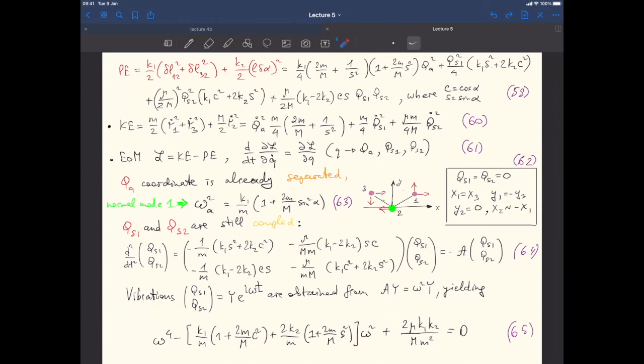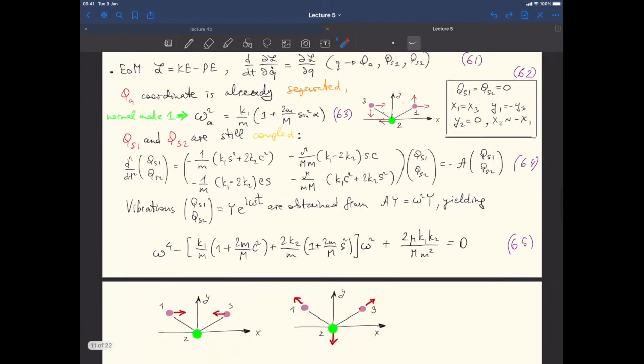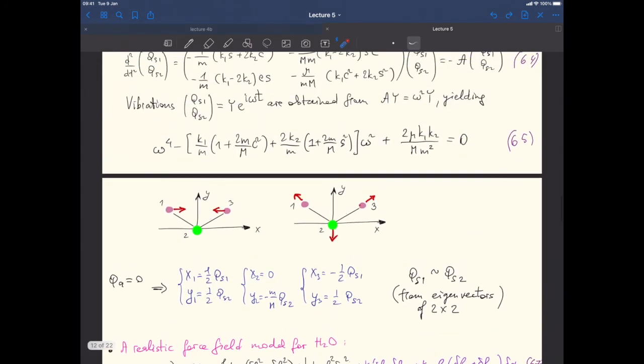Frequencies are positive, so we'll have two values for the omega square, two frequencies, as we expect in this case, because we consider two mixed up coordinates QS1 and QS2, which should give rise to two separate normal modes. And we will get from this equation the frequencies of these normal modes.